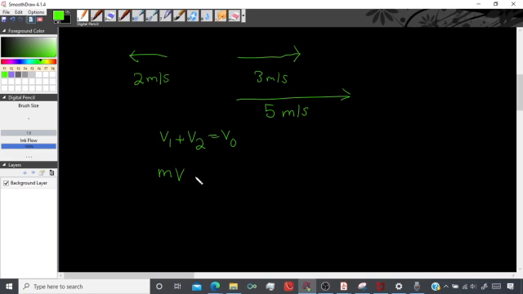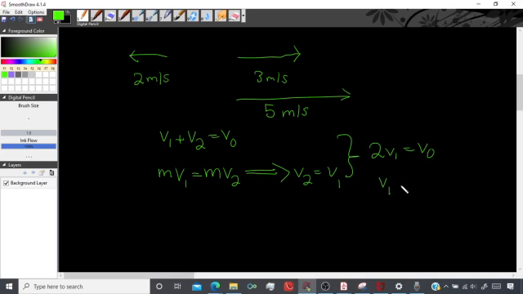So we have mv1 equal to mv2, which means that v2 is just equal to v1. From this we can see that 2v1 is v naught, because we're plugging it back into the initial equation. So now our speed, v1, is equal to v naught over 2.